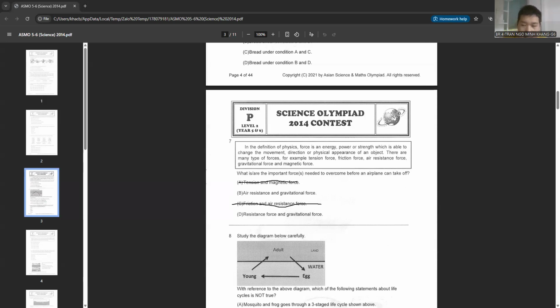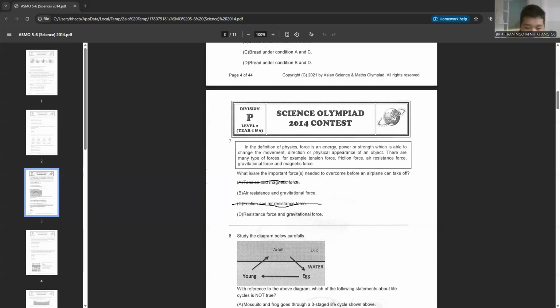Now, both of the answers look right, right? I mean, they're basically the same thing. They're basically resistance force and air resistance. However, it is actually B that's right over here, because resistant force is not a thing.